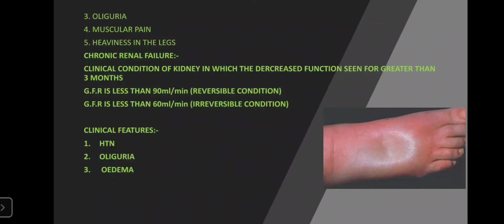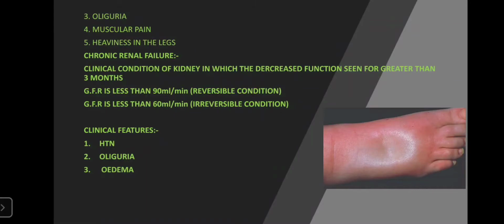Or the GFR will be 60 ml per minute or less, which is the irreversible condition, because the death and necrosis of nephrons has been initiated at such a stage.